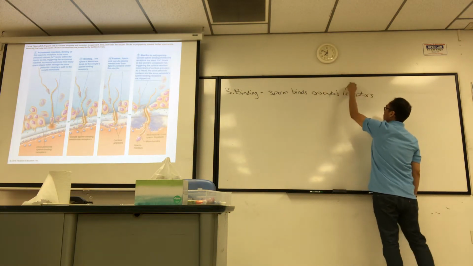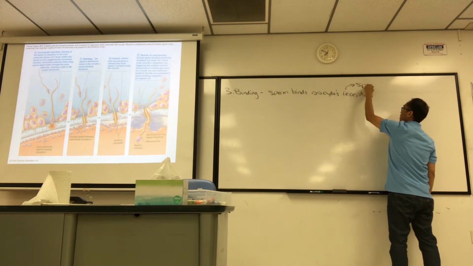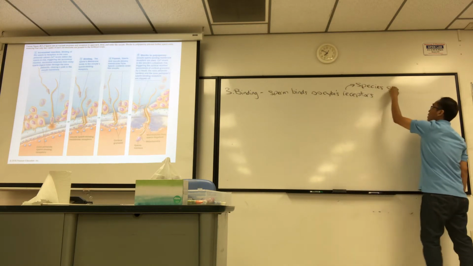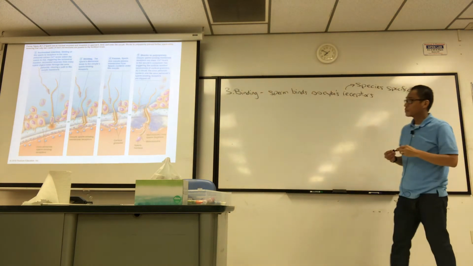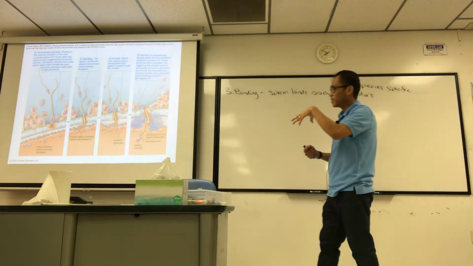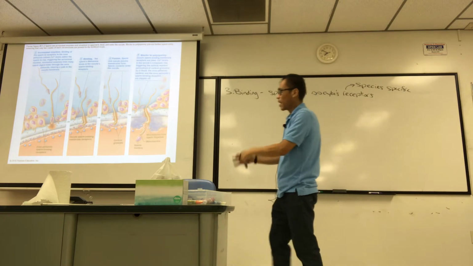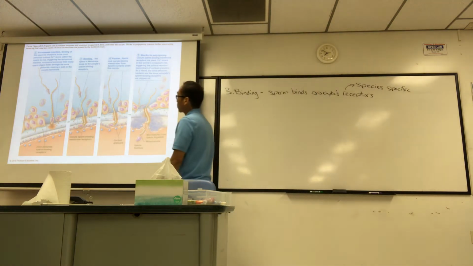So that's the second level of species specificity. So you've got two levels where you recognize the sperm and bind it, and this is important.